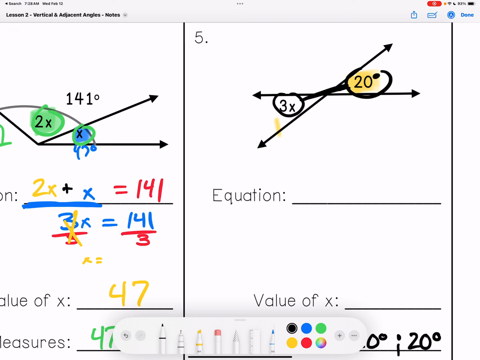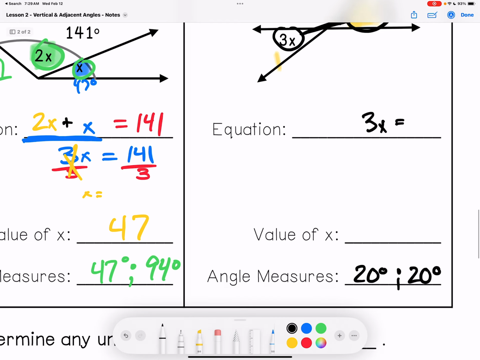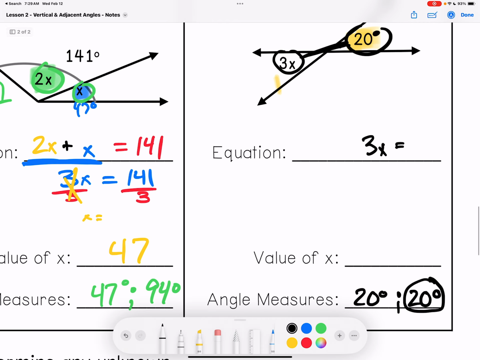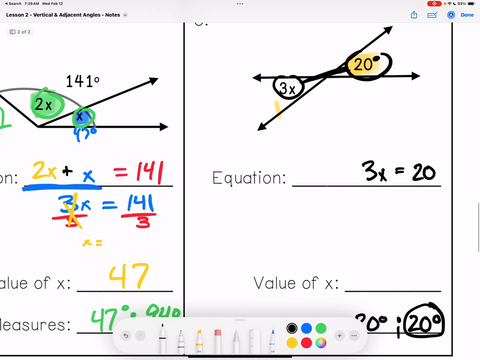If I don't know what they equal, how do I work out the problem? There's not 180, there's not 90. What do I equal it to? I know I'm going to put 3x. But what did I tell you it was going to equal? Because they're vertical angles, it's going to equal 20, because it's a vertical angle of the one that already is 20.